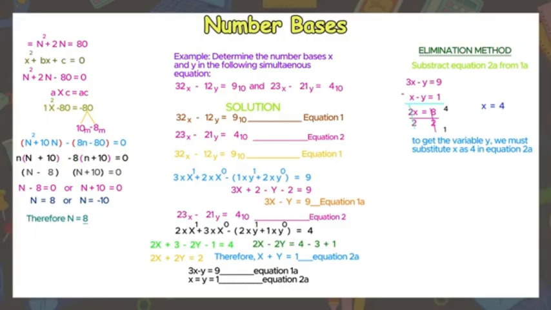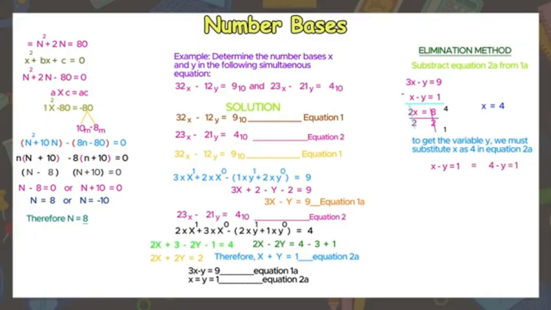And what do we have in equation 2a? We have x minus y equal to 1. That is what we have in equation 2a. So anywhere we see x, we write it as 4. That will be 4 minus y equals 1.